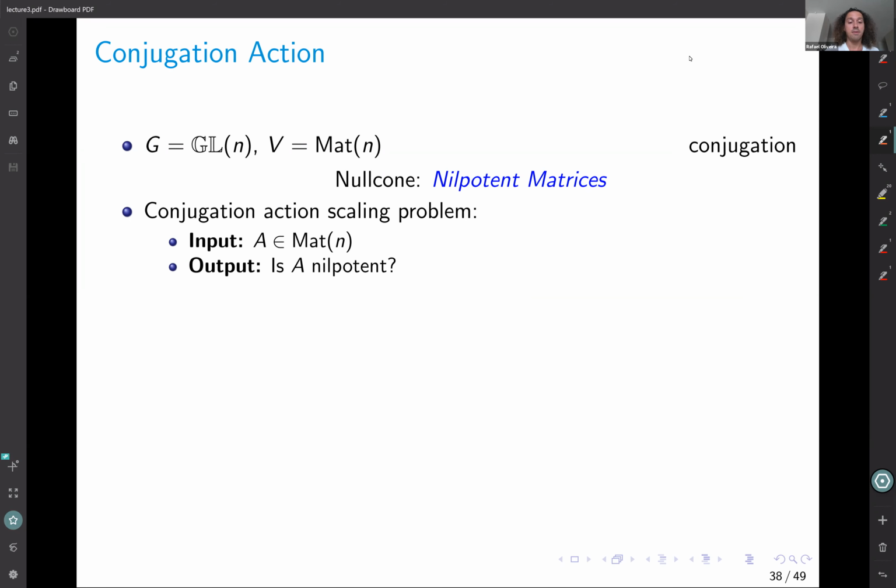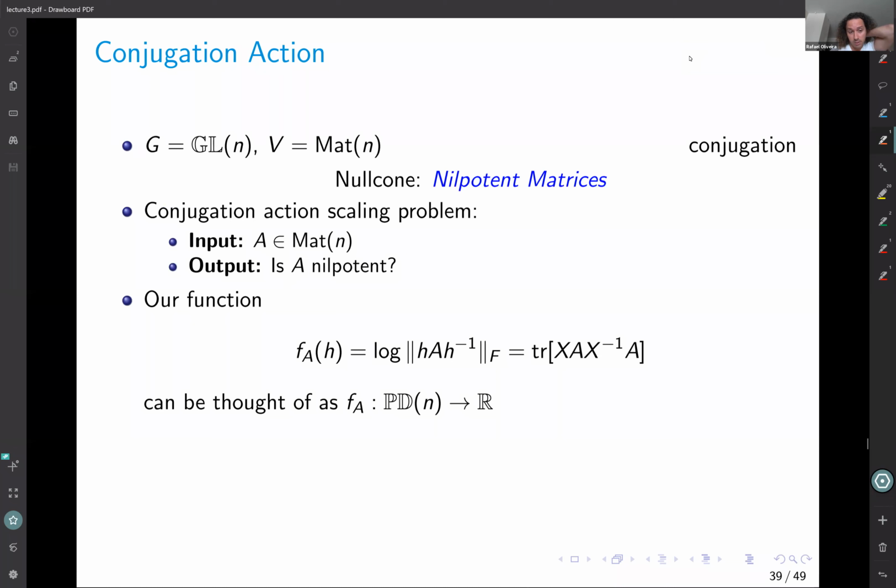It will be given an input A, which is any matrix, and we ask whether it is nilpotent. And here, what is our function? The function that we saw before is going to be the logarithm of the norm of H acting on A, which we can write in terms of the trace.